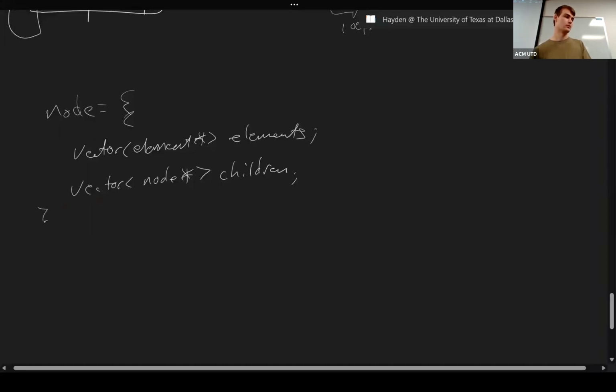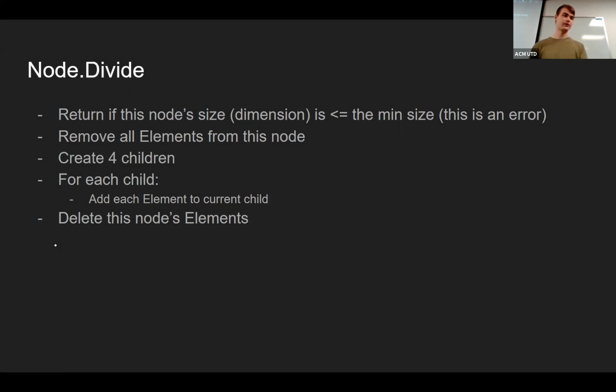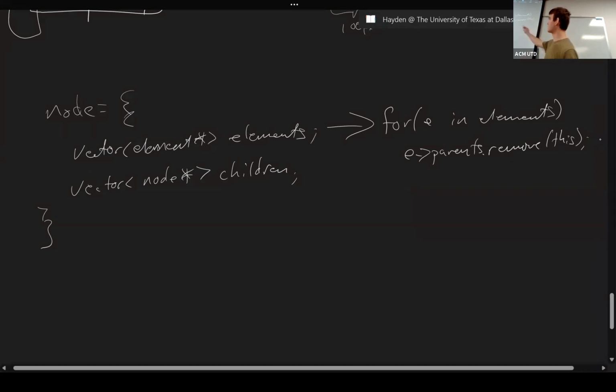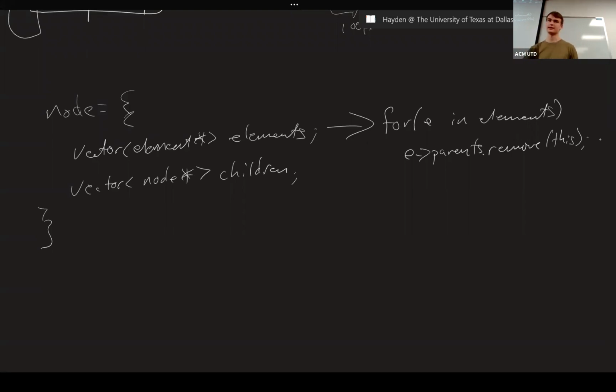Okay, so what this division step does here is first, it goes through this list of elements. So for E in elements, it says E dot parents dot remove this, or something like that, where parents is some sort of structure that stores a list of pointers to the nodes that contain it.